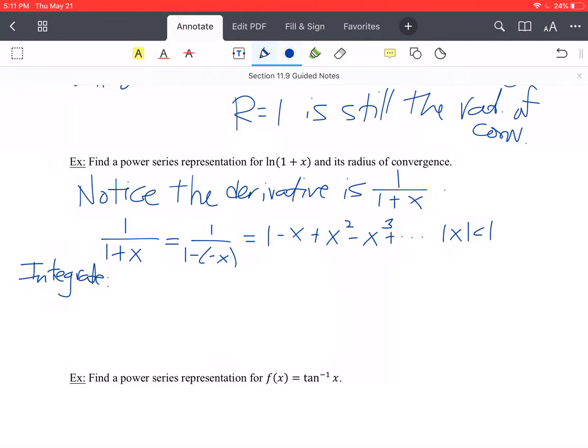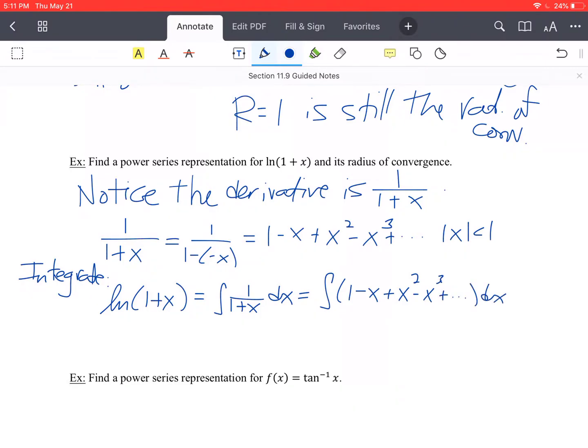So here we have ln of 1 plus x. That is the integral of 1 over 1 plus x dx, which is the integral of 1 minus x plus x squared minus x cubed, etc., dx.